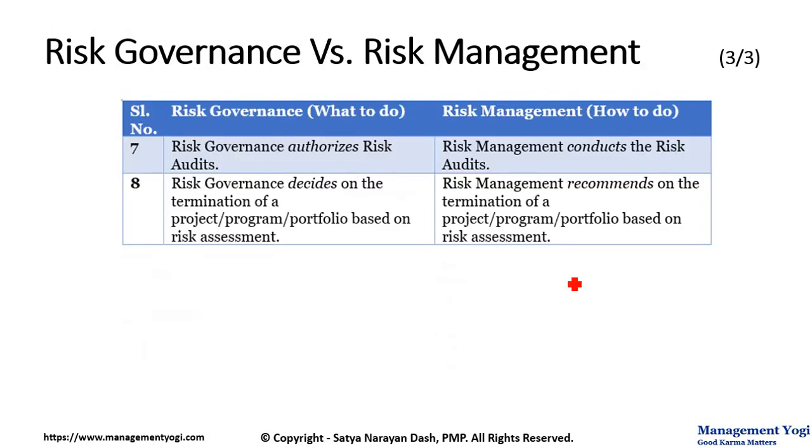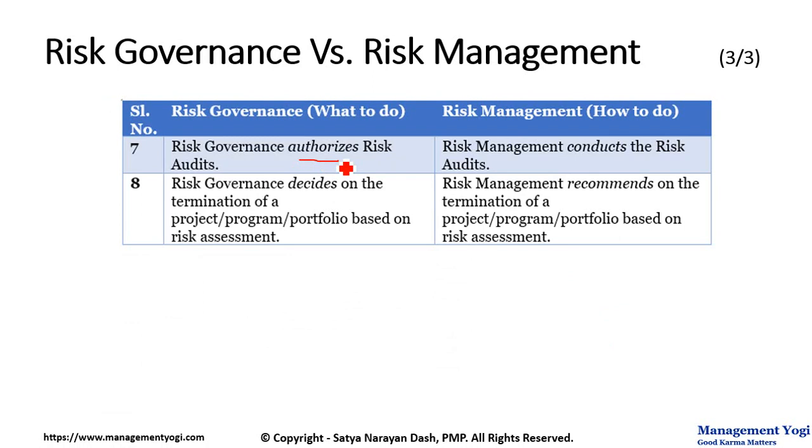Difference 7. Risk governance authorizes risk audits. Risk audit checks the effectiveness of risk management processes. Like we saw in the risk management framework, there will be many processes. In your organization, you may choose to drop some process or take some processes. But this authorization for risk audit, which checks the effectiveness of the processes, will be done by the risk governance layer.